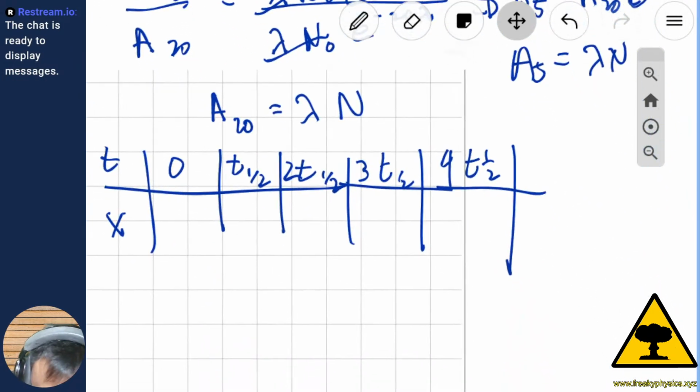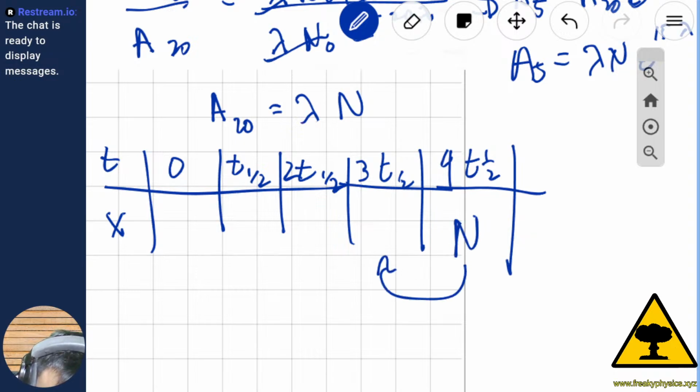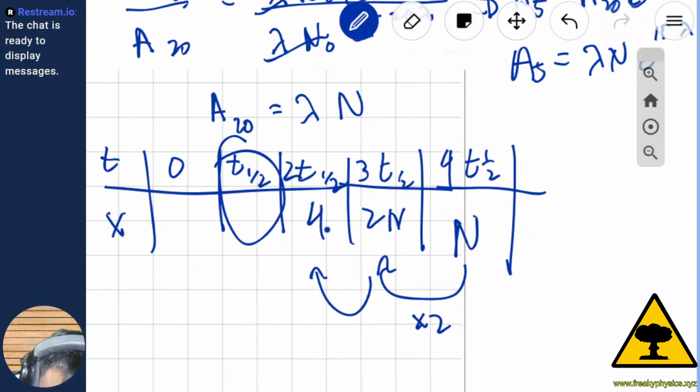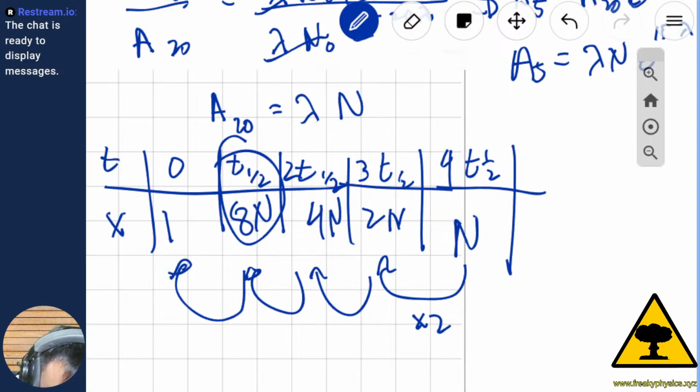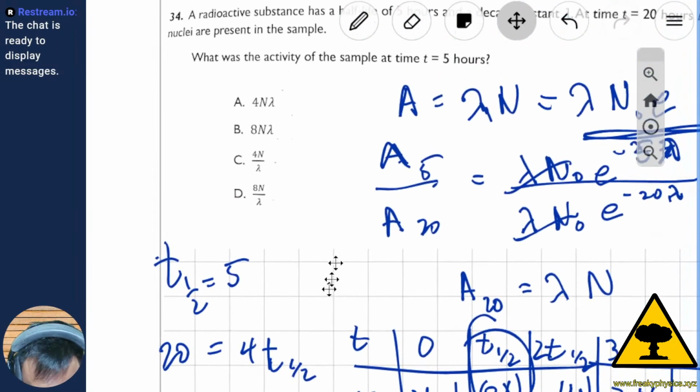Activity N, right? There are N. So every time you go that way, you just multiply by 2, 2N, 4N, and finally 8N. If you want to continue, we started off with 16N.